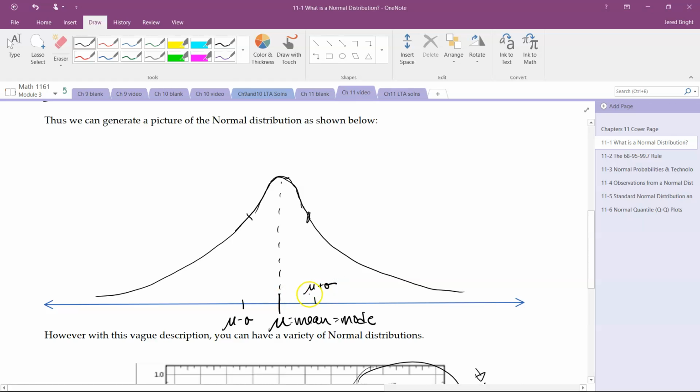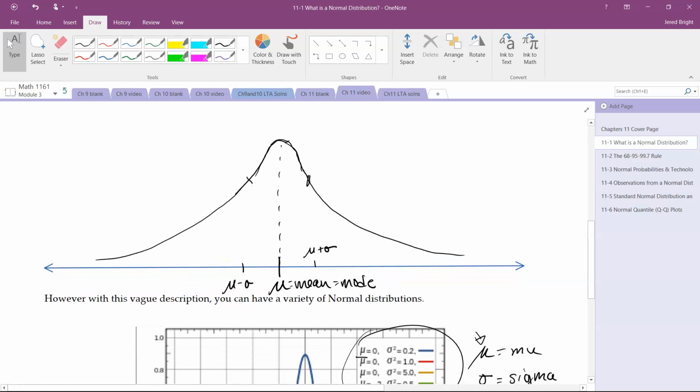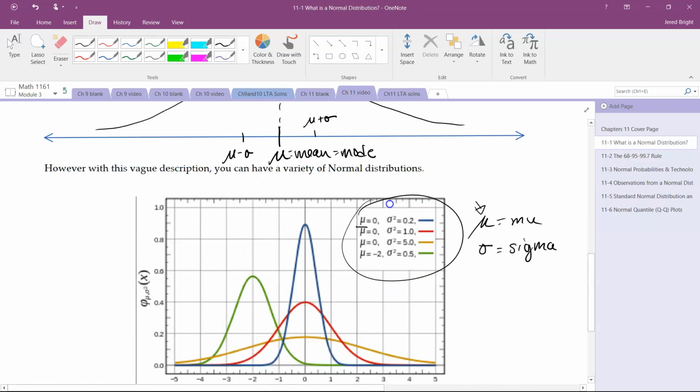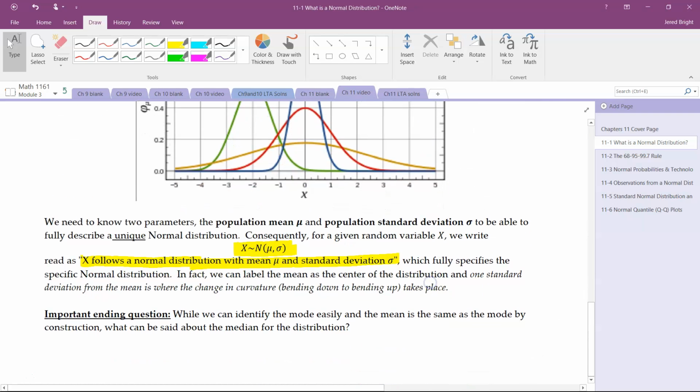That's one interesting trait about this curve: where it starts changing its bending is where it's one standard deviation from the mean. We're going to get lots of practice drawing these normal density curves, making sure to put the mean in the middle and then measuring out standard deviations.